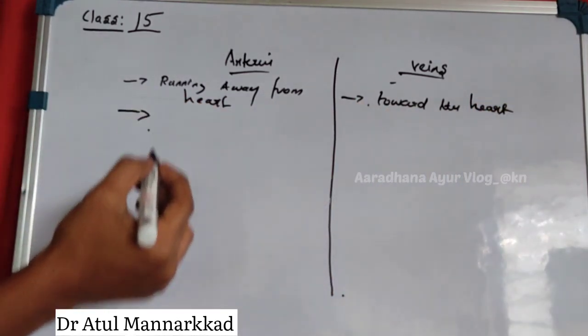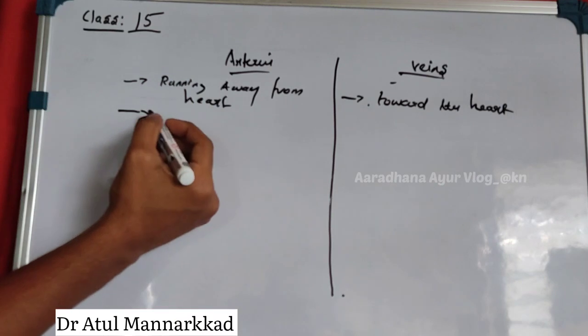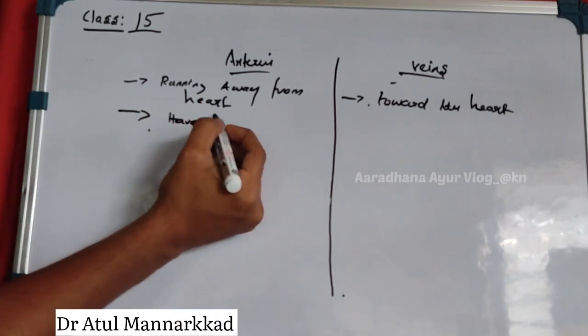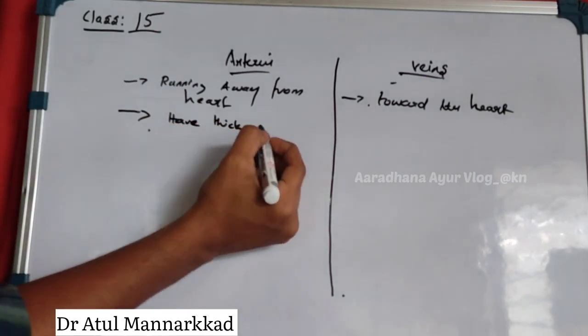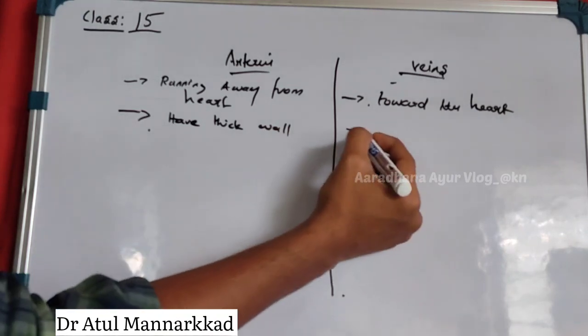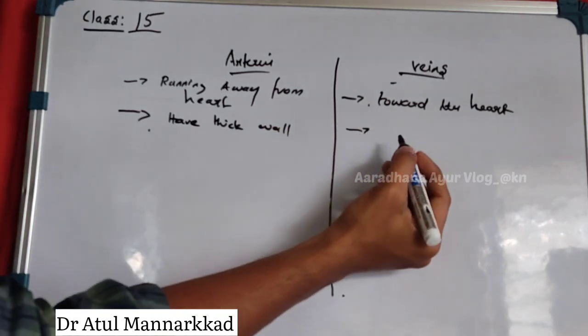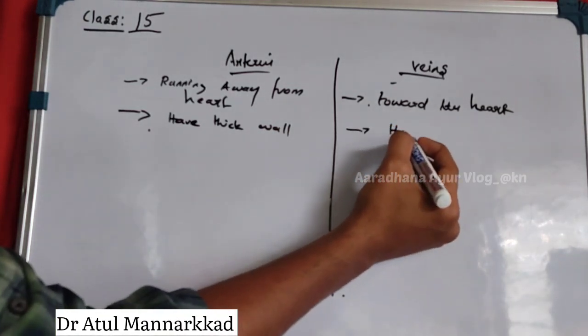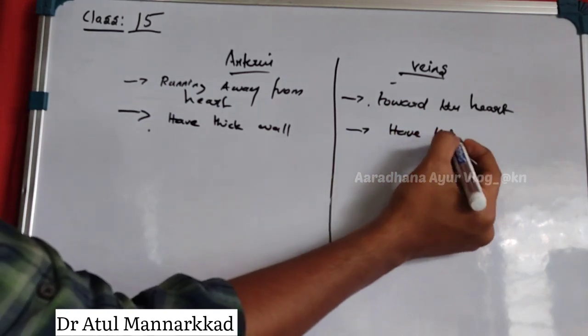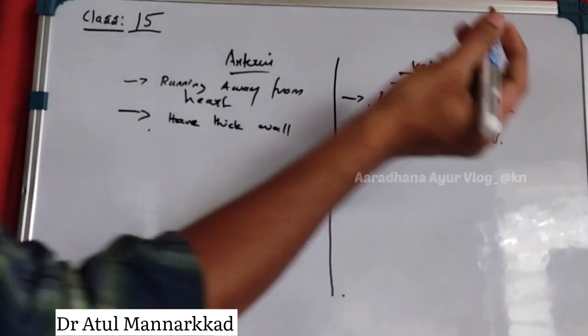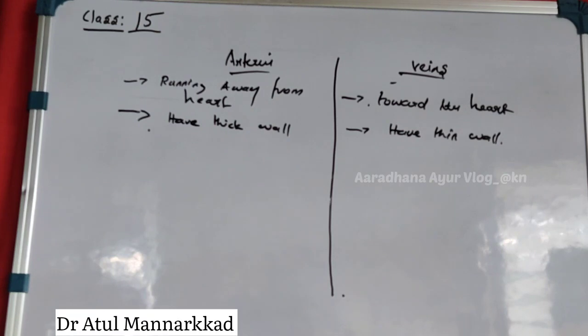The second point is that arteries have a thick wall, and just opposite, veins have a thin wall. Their walls are thin compared to arteries.